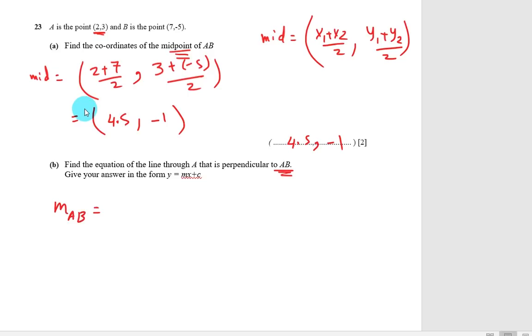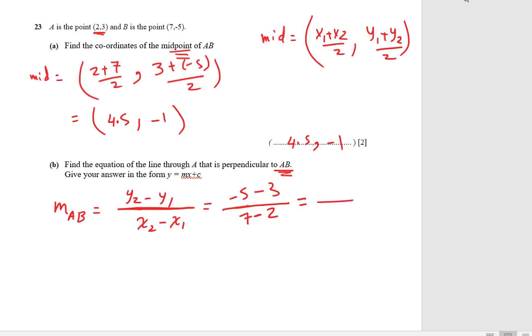The slope m of AB is equal to y2 minus y1 divided by x2 minus x1, which is minus 5 minus 3 divided by 7 minus 2. So it will equal minus 8 divided by 5. So this is the slope of AB.